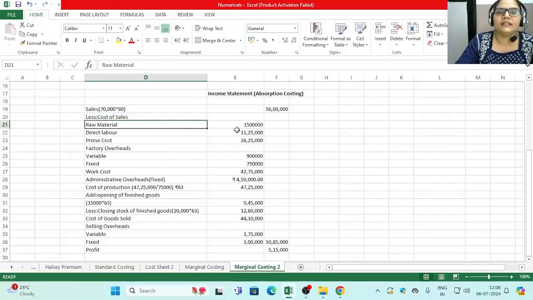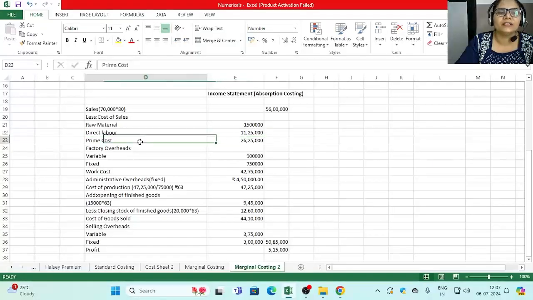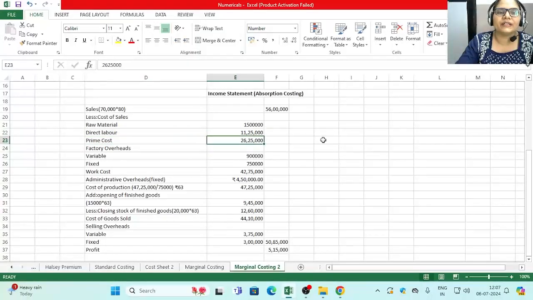Raw material is 15 lakh, direct labor is 11 lakh 25,000. We will get the prime cost of 26 lakh 25,000. Factory overheads are mentioned over here as variable and fixed. We will copy them as it is. And finally, after adding all these figures, we will get the work cost.